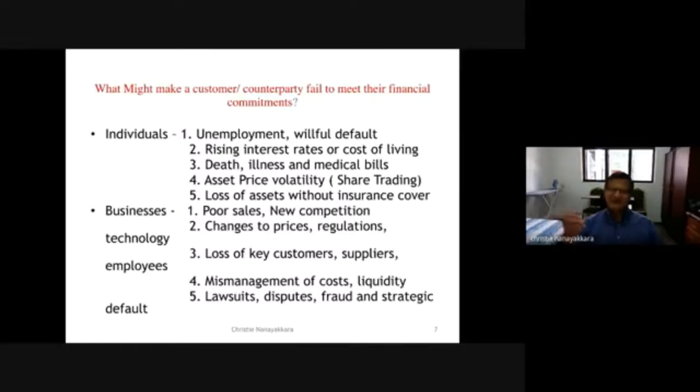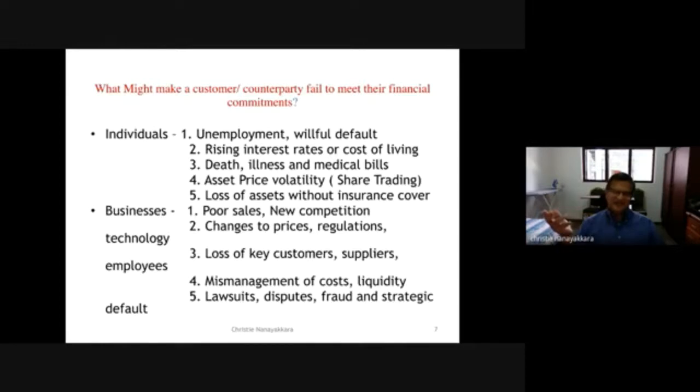Share price volatility: if you give money for share trading, and the share prices come down, the customer will make losses, and as a result he is unable to pay. Those are also credit risk, counterparty risk. Lots of assets are without insurance. You give a facility to a customer to buy something, he doesn't insure it, fire or theft occurs, he is unable to recover money from anybody, and as a result he is unable to pay. Those are called losses of credit risk.